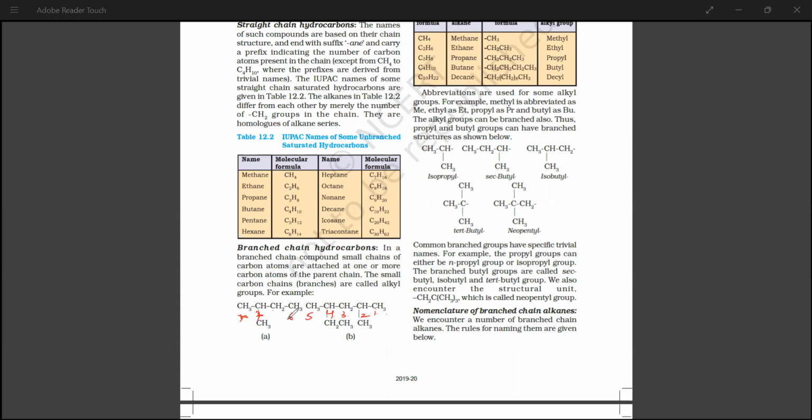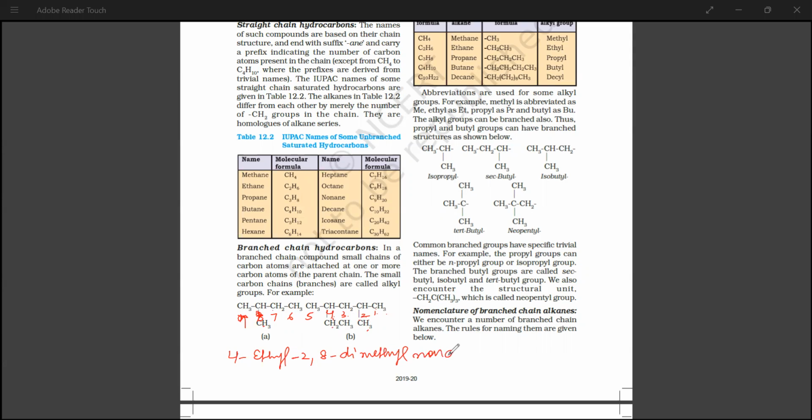1, 2, 3, 4, 5, 6, 7, 8, 9. So on second, methyl is there, and on eighth also methyl is there, and on fourth, ethyl is there. So 4-ethyl-2,8-dimethyl nonane.